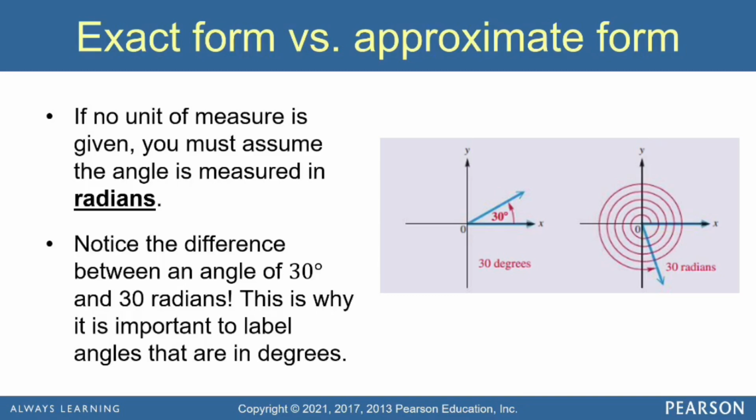Now, I've mentioned a couple of times that radians do not have a label, so if no unit of measure is given, you must assume that the angle is measured in radians. And it really does make a big difference because here we have a 30-degree angle, but you know that a radian is much bigger than a degree, so an angle that was 30 radians would be much bigger than an angle of 30 degrees, and it would go around the coordinate system several times, and it would actually land in quadrant 4.